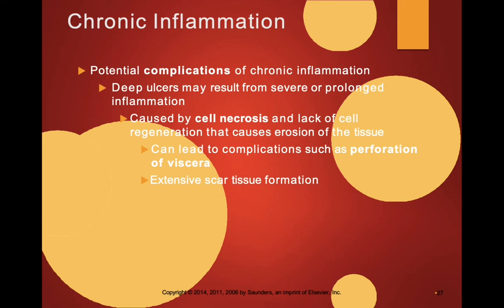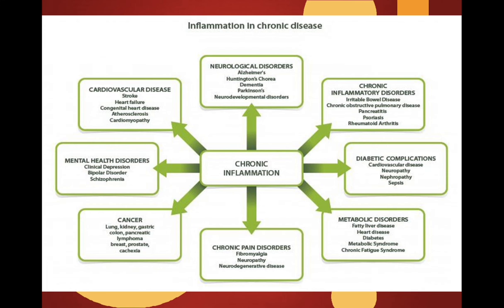So if you have an ulcer and then it starts to perforate, it's not good, right? It leads to more systemic inflammation. So deep ulcers may result from severe prolonged inflammation caused by cell necrosis and the lack of cell regeneration. And you can end up getting perforation of the viscera or the organs.